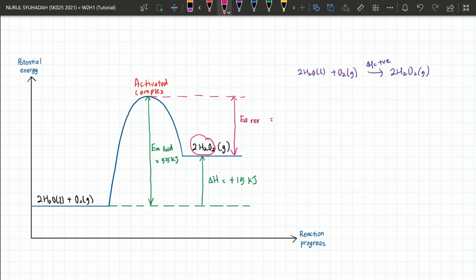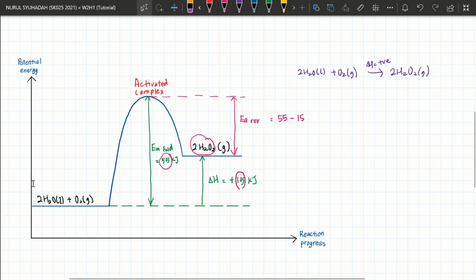What you can see here is that the reverse activation energy is just part of the forward activation energy. To get the value, you will use the forward activation energy, 55, and minus this one, minus 15.